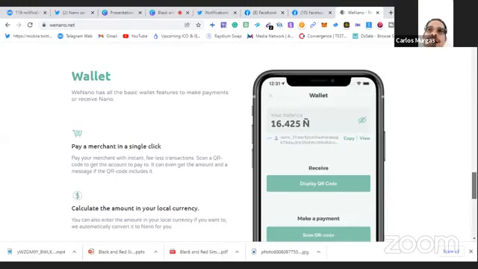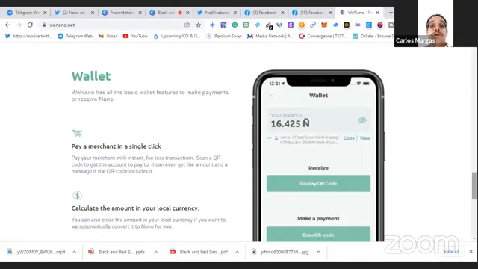When you create an account, the app has an address generator. So after you create your account, you are going to have your Nano address. It's an internal Nano address of the WeNano app.